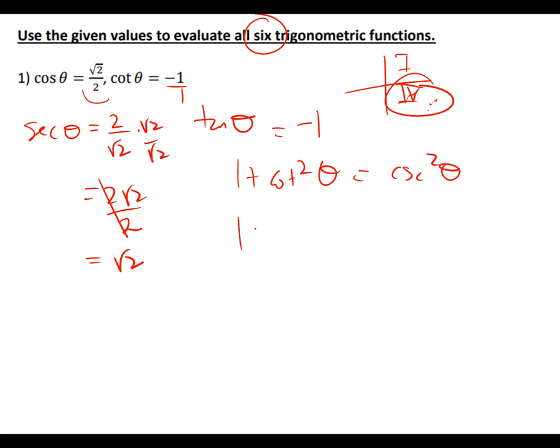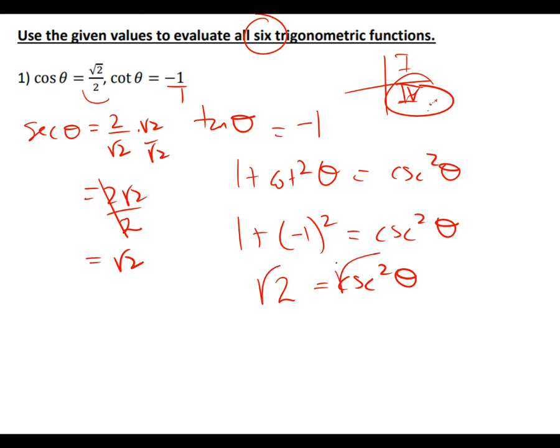All right, what's your cotangent? -1, we're going to square it, and then we don't know cosecant, that's what we're going to try to find. So what is -1 squared? 1 plus 1 is 2. How do I undo the squared? What are we supposed to put in front? Okay, here's where the quadrant comes in, right?